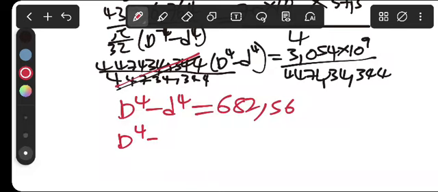All right, then here I have d raised to the power 4. Remember, this is the same as 0.6 raised to the power 4 like that.